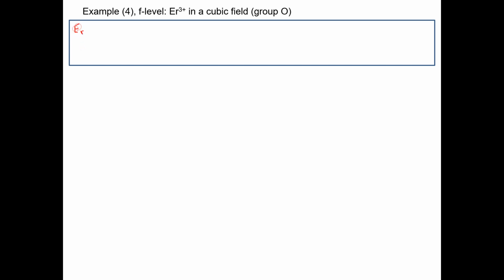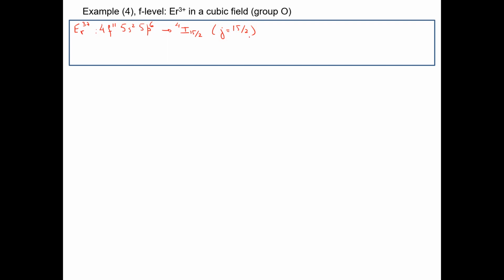Because erbium 3 plus has an electronic configuration 4f11, 5s2, 5p6, and this corresponds to J equals 15 halves. All right, this is the spectroscopic notation. So J equals 15 halves.